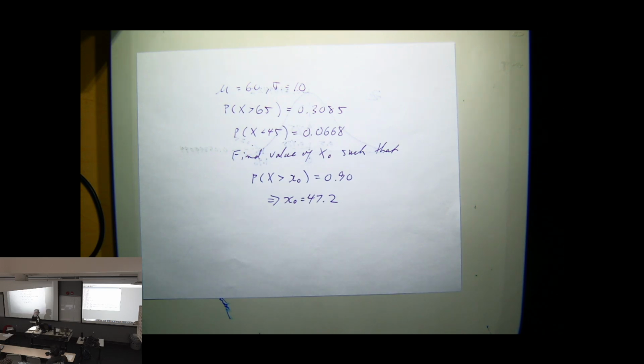What it's doing is randomly selecting a probability between 0 and 1 as its cumulative probability, and then it's putting that cumulative probability into the Q norm function, and that returns an X value.